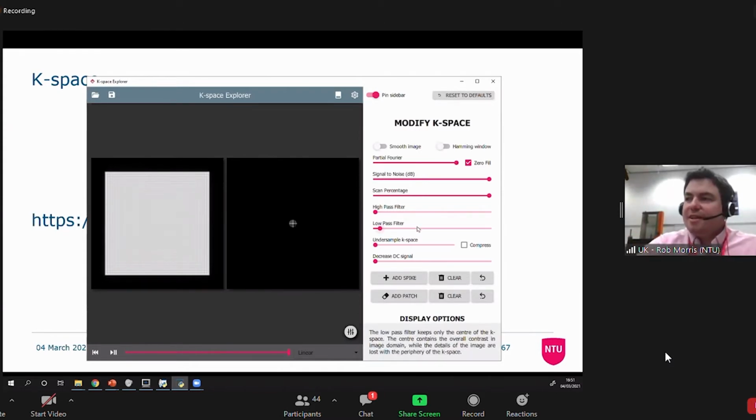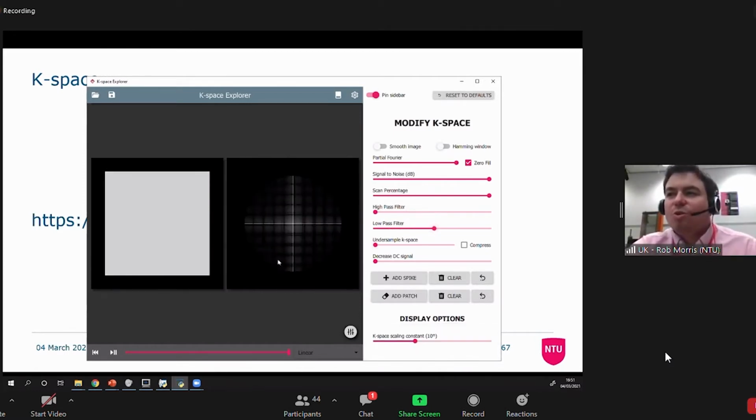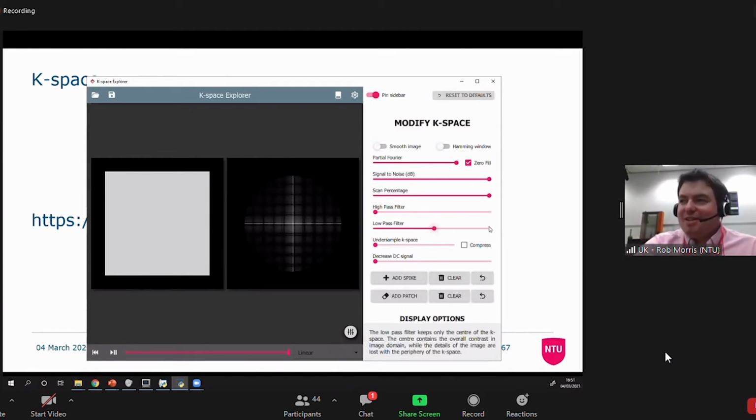Now, the reason that I want to show you this is because a big thing that we're going to look at later is actually you don't need to collect all of this information. One of the things which everybody always struggles with K-space is it feels like we've got the same number of pixels in K-space as we've got in our final image, and it should feel like somehow they map 1 to 1.